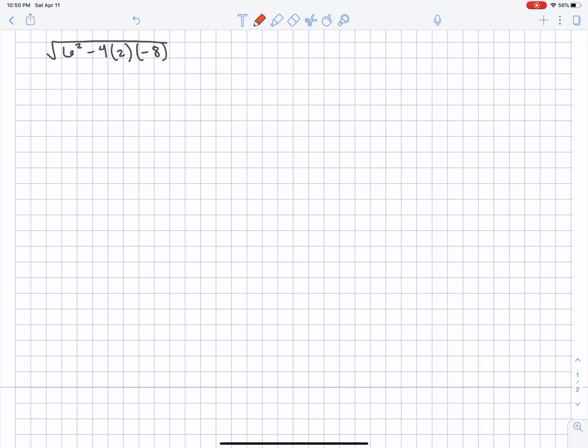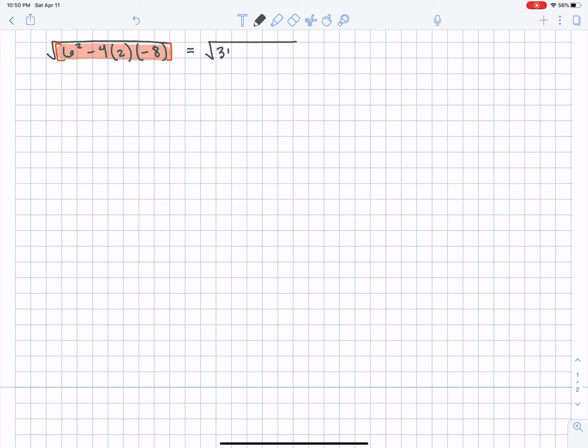Now, there are invisible parentheses inside this radical, meaning that I need to do everything inside here before I go ahead and work with any square roots. So inside those parentheses, I have an exponent. I'm going to do that first.